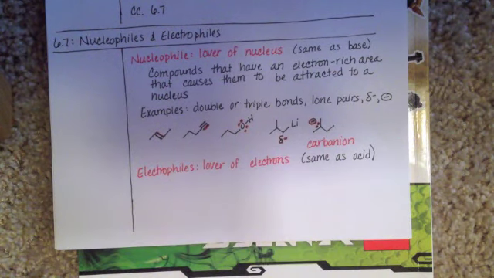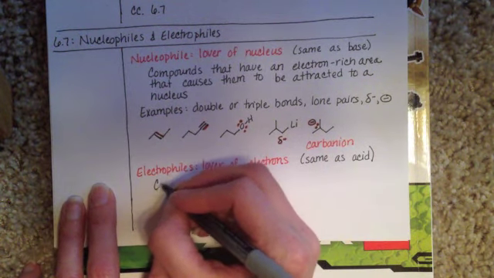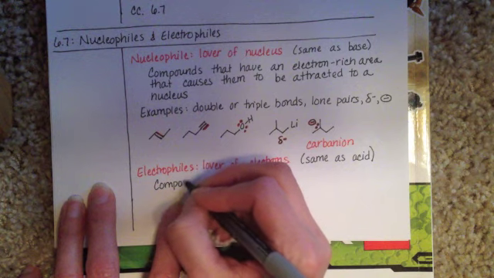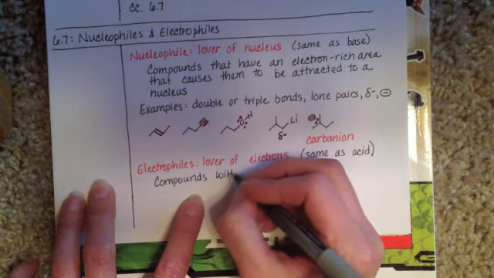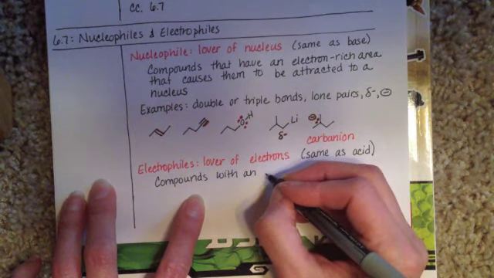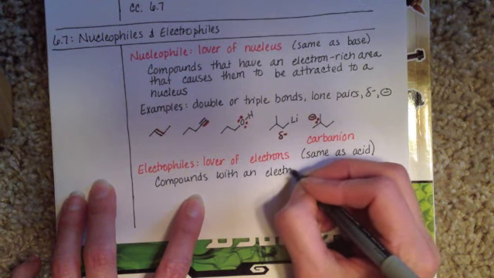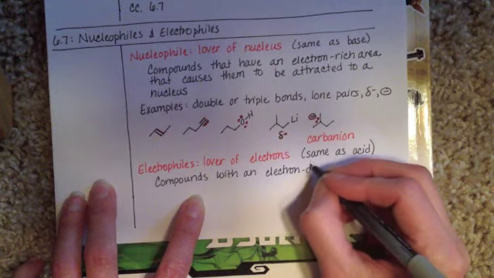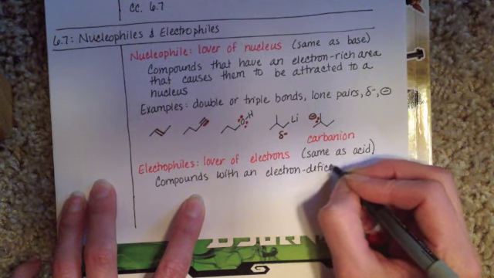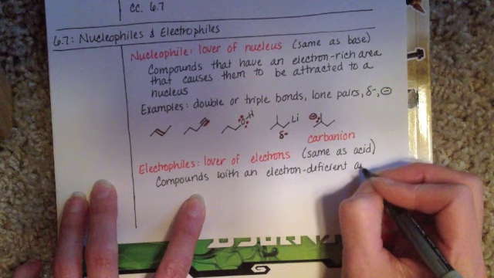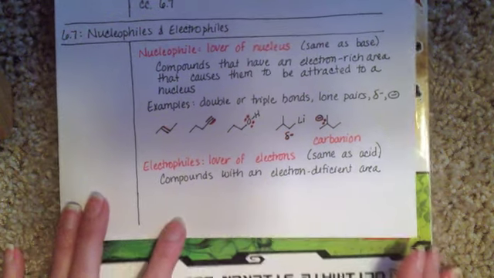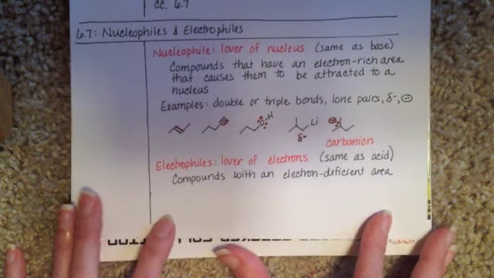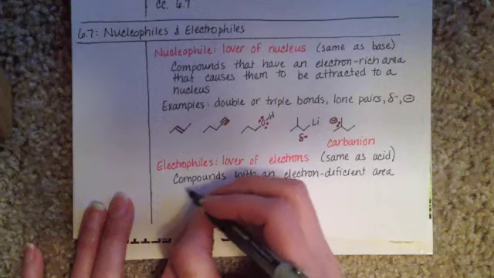They are compounds that are electron deficient, and the electron deficient area on the compound causes the whole entire compound to be attracted to a nucleophile.